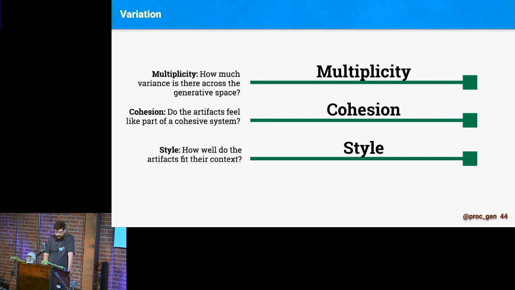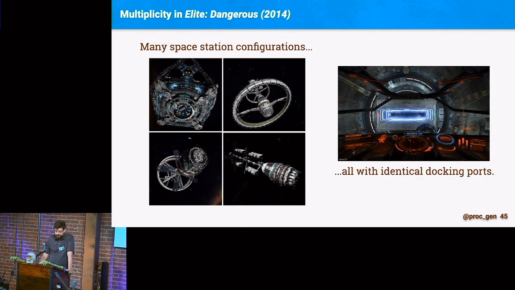And then three more questions I've found useful are looking at how much multiplicity there is, how much cohesiveness there is in the system, and how well artifacts fit in the context with which they've been generated. High multiplicity is one of the big problems, I think, for a lot of people who are trying to generate stuff.